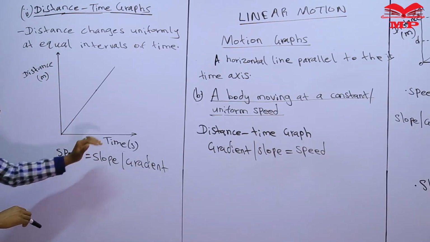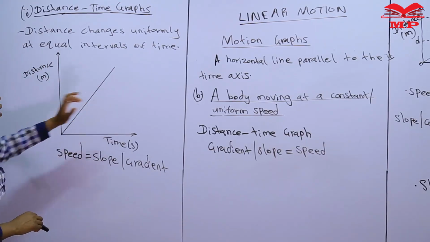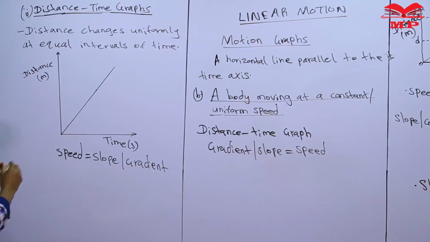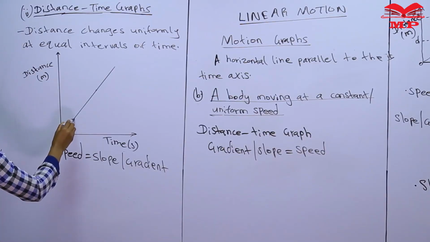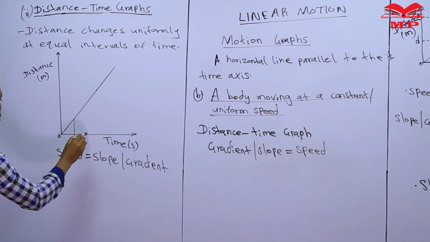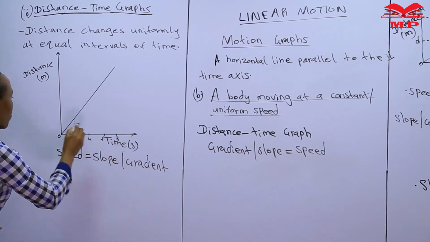So you calculate the slope or the gradient to get the speed of this body that is moving at a constant or uniform speed. For example, if we have 0 there, at this point we have 2, we have 4, we have 6, let's say 8.